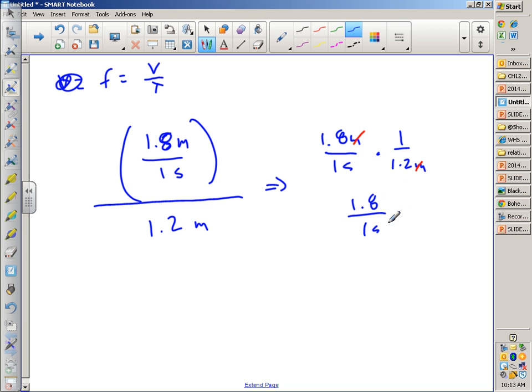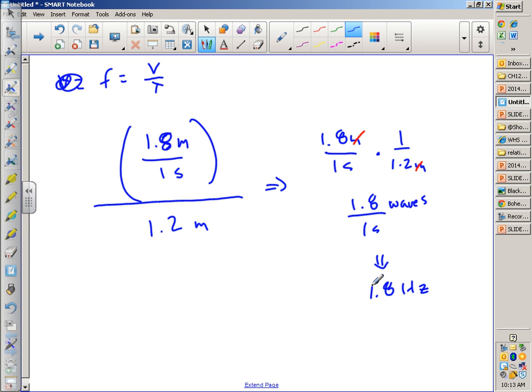Remember we talked about that 1.8, this is really saying 1.8 waves in 1 second, but waves really isn't a unit. It's just a counting thing. So when we end up with seconds on the bottom with no other unit on the top, that's the equivalent of 1.8 hertz.